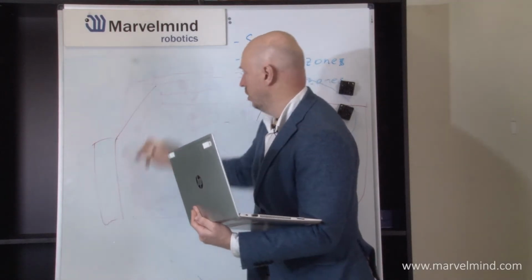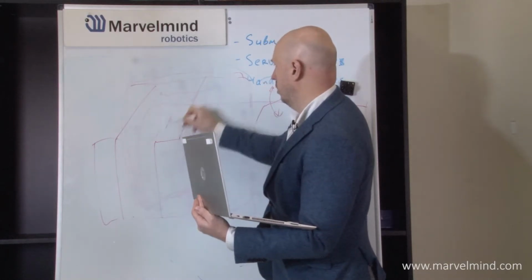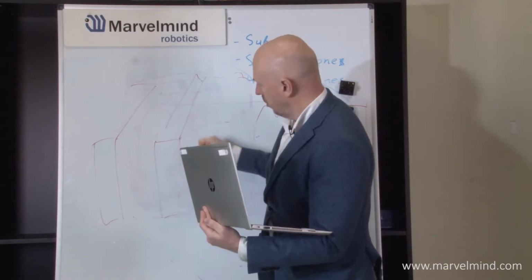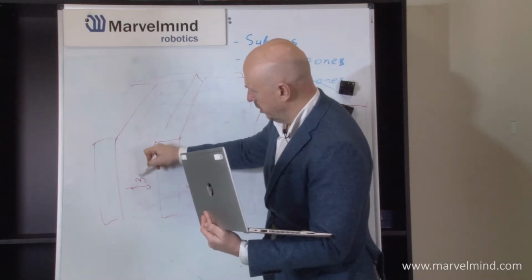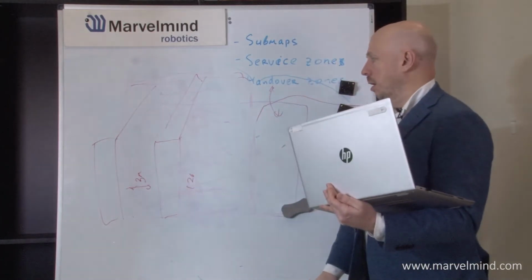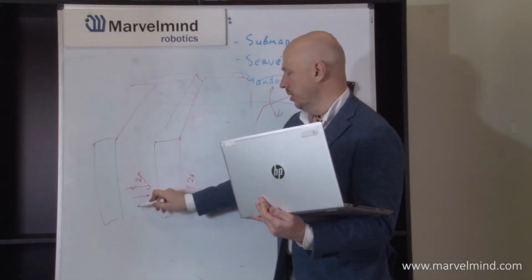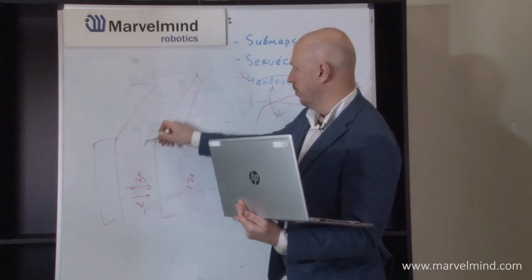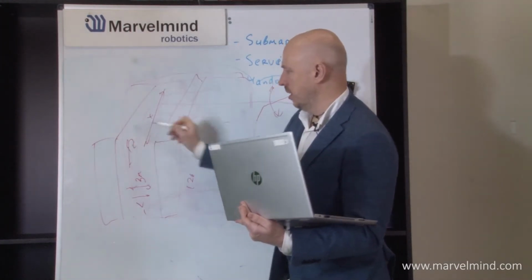So this is your shelves. I don't know, 12 meters height, just 3 meters here. Often, it doesn't matter where you are here in this Y direction. It is important where you are in X direction, and it's important where you are in Z direction.